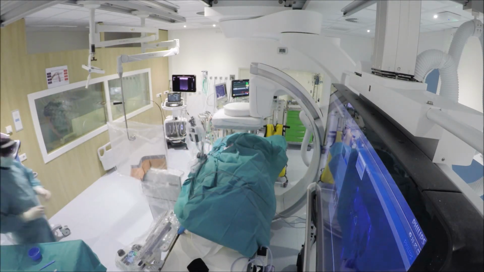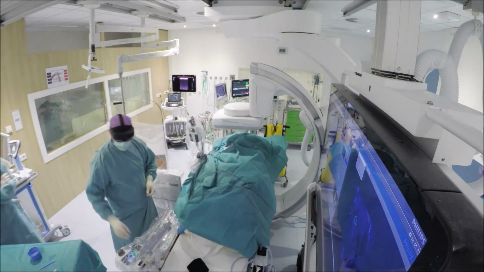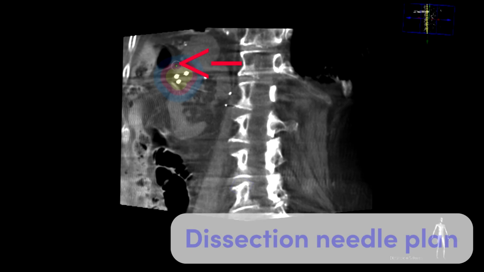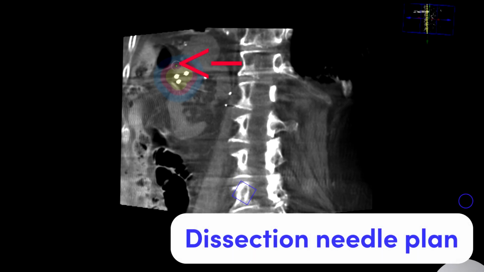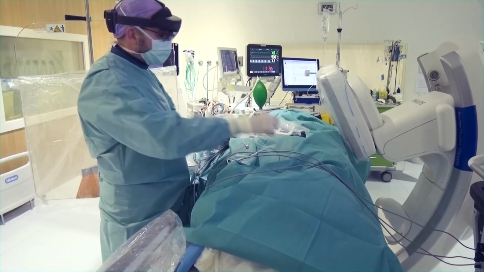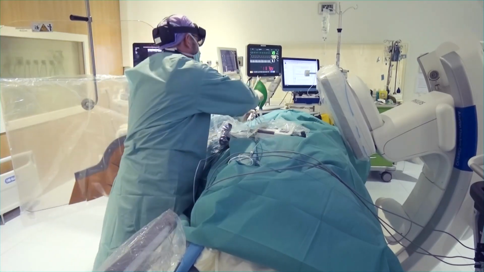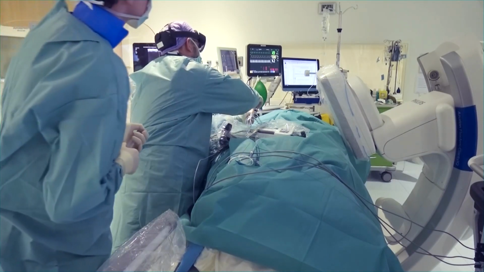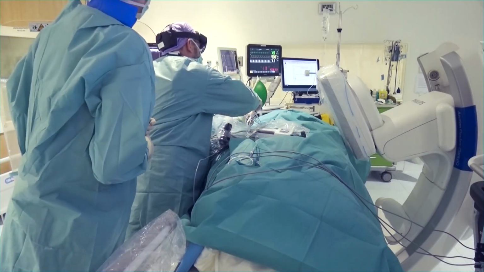After positioning the needles, a check cone beam CT is performed, and this cone beam CT shows that actually the neighboring colon is quite close, and we therefore decide to also perform additional gas dissection to protect this part of the colon. This is performed by inserting a very small 20 gauge needle connected to some tubing and a 60 cc syringe to control the amount of gas dissection.